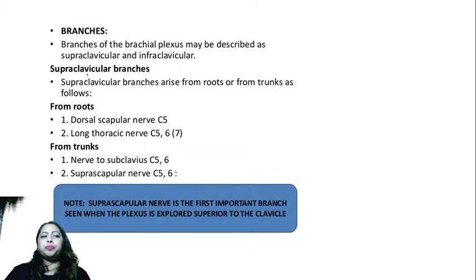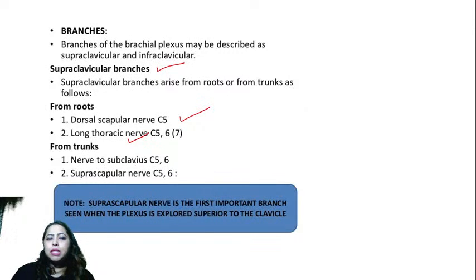Now, what are the branches? I was talking about supraclavicular. The branches that arise from the roots or trunks are as follows. You can see the dorsal scapular, long thoracic, nerve to subclavius, and suprascapular nerve. All these belong to the supraclavicular group of branches.